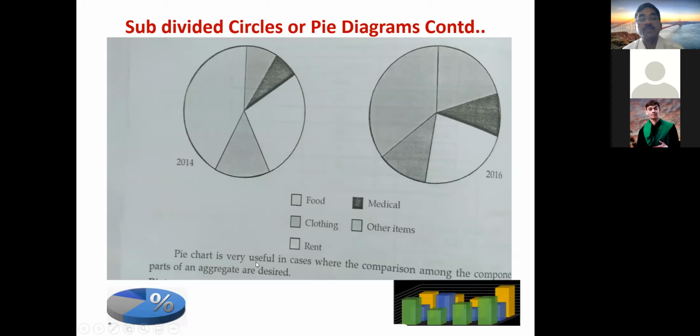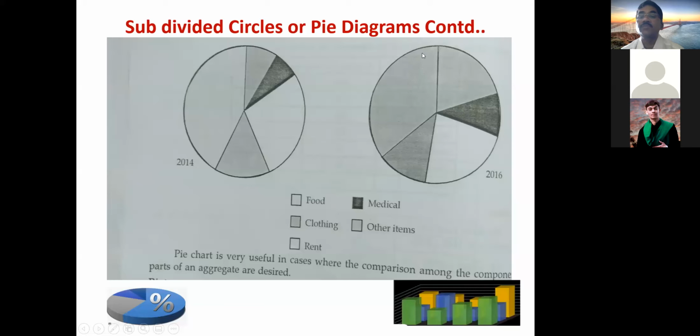So the pie chart is very useful. For what purpose? It is useful in cases where comparison among components, parts, and the aggregate is desired. So this pie chart can easily be used for comparison. For example, if you take the second pie chart, 2016, this portion is very huge compared to the other portions.